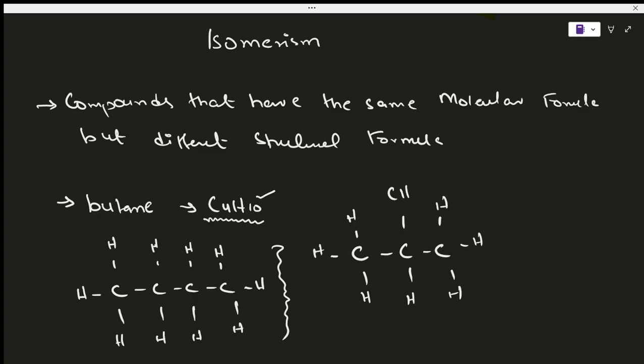And you'll have a CH3 here. Or if I draw with a little upward branch, something like this, a CH3. And this is how the isomer of a butane molecule looks.